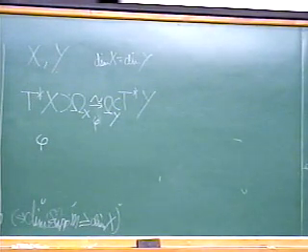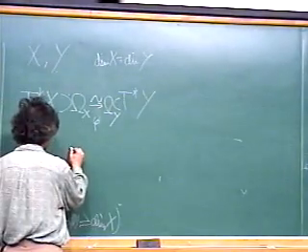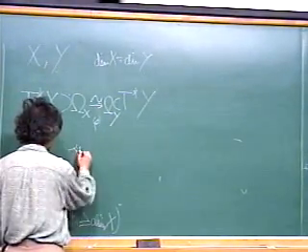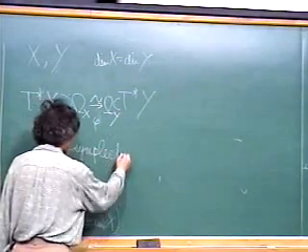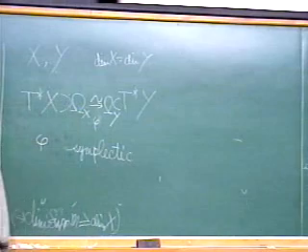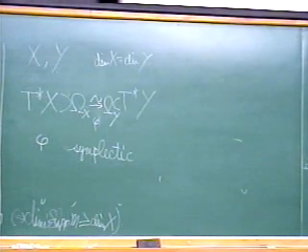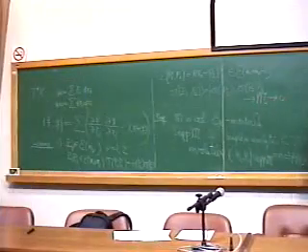It is homogeneous with respect to C. So phi is symplectic. It means it preserves the two form, d omega, and it's homogeneous.